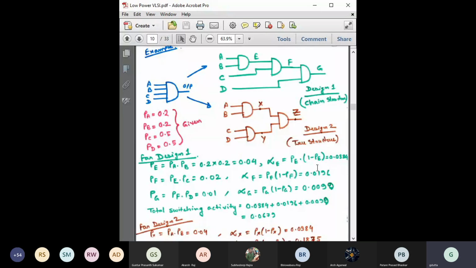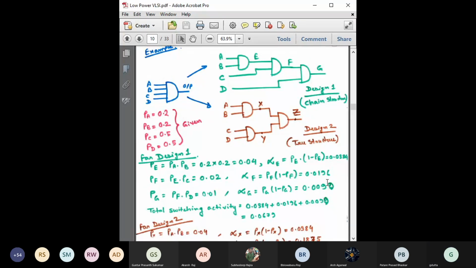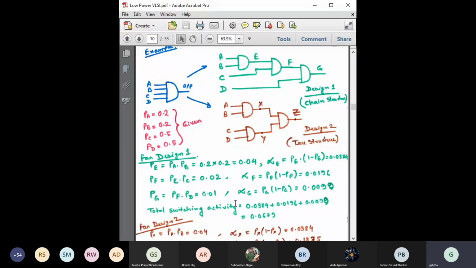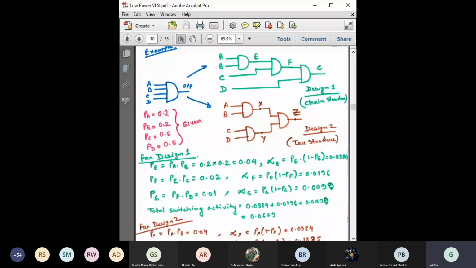This is the switching probability at node E. Similarly, you can find the switching probability at node F. Then D's probability is also given, so you can find the switching probability of node G, the final node, as well.